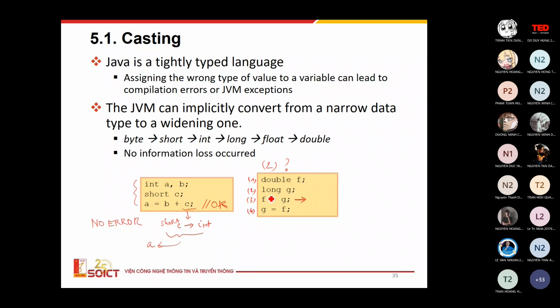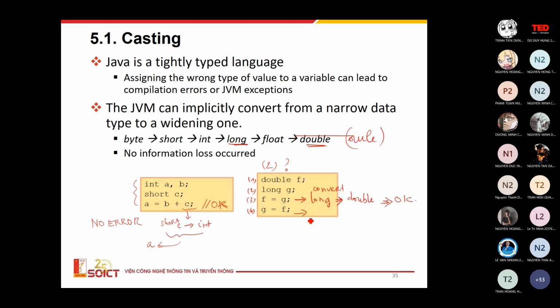Go slowly for other students. Okay, here you convert the long to the double, so this is okay because of this rule.